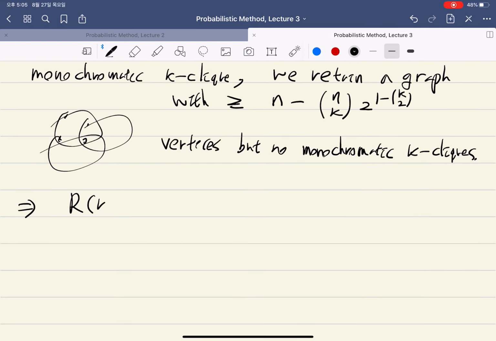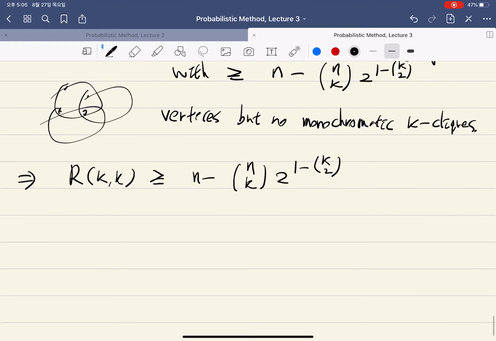So this shows that R(k,k) is at least n minus n choose k times 2 to the 1 minus k choose 2, for any n. So the above logic holds for any positive integer n.